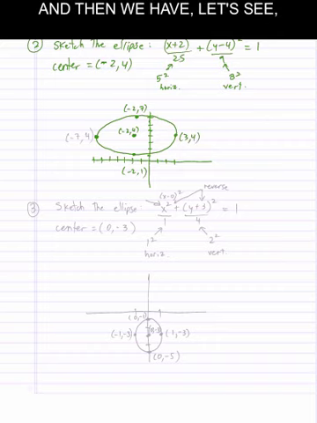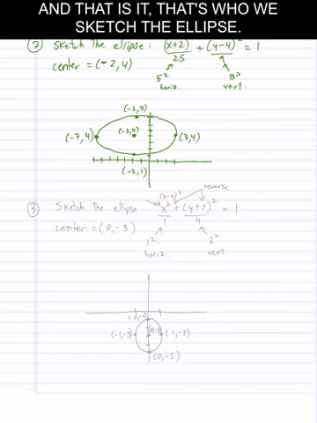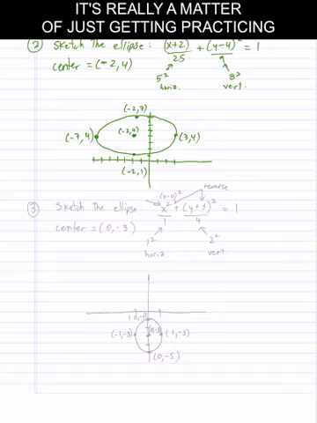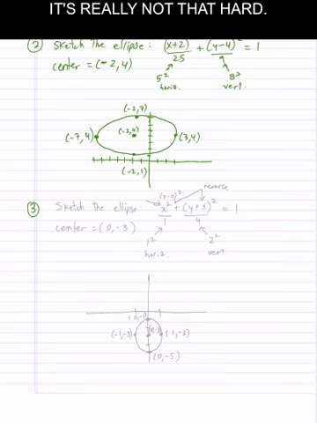And then we have, let's see, 1, 2, 3, 4, 5, 6, 7. Negative 7, 4. And that is it. That's how we sketch the ellipse. It's really a matter of just getting practice in and being able to work on it so many times that you get it down. It's really not that hard.